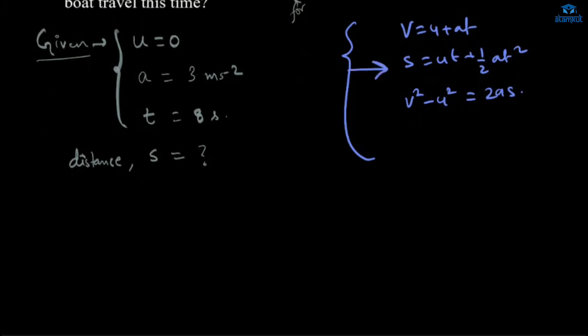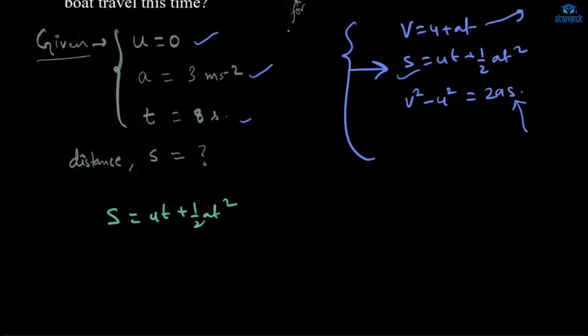So better, since we know the values of u, a and t, we can use this formula directly: s is equal to ut plus half at square.